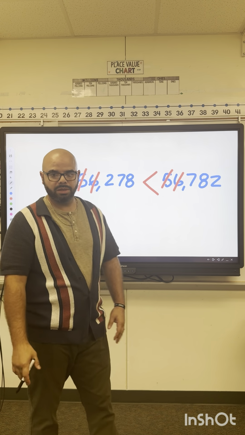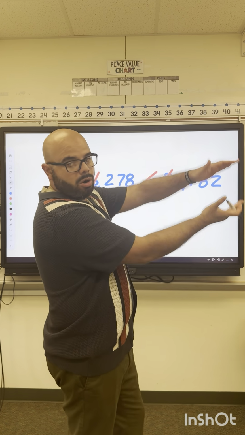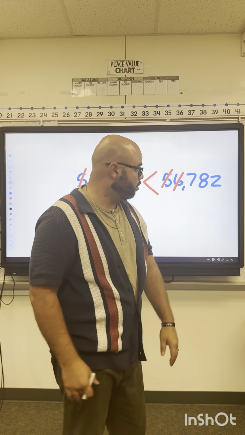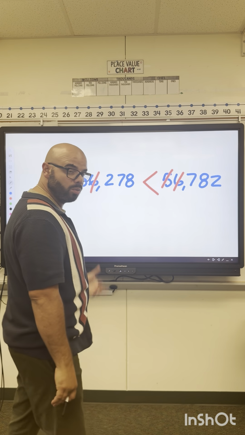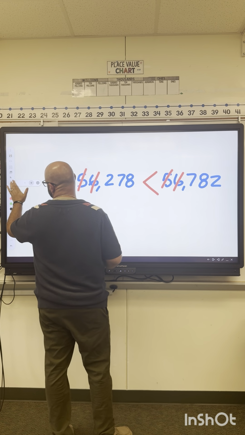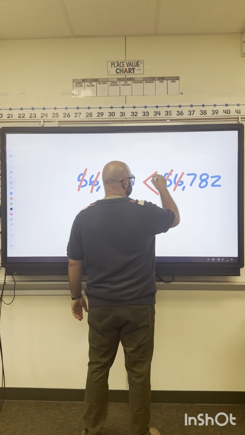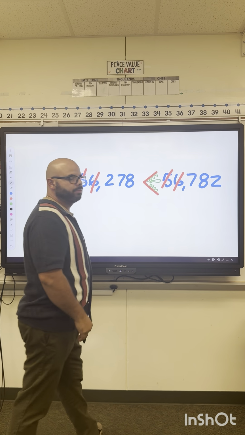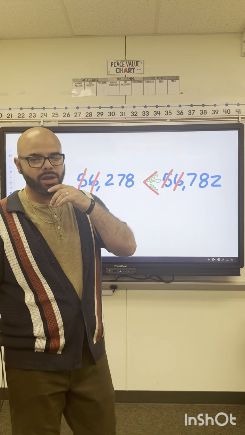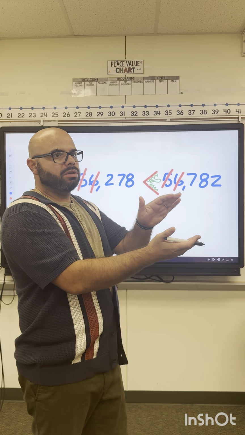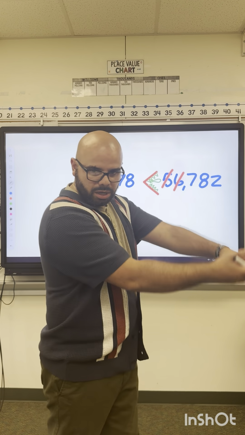I always tell them that the big mouth is always going to be towards the bigger number, okay? The tail or the butt always goes to the smaller number, okay? So I made it fun and I drew little teeth and stuff like that so they could laugh and they enjoyed it, right? So again, the bigger number, the greater number is always going to be the one to be eaten, right?